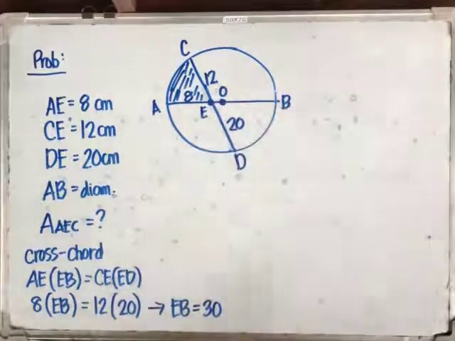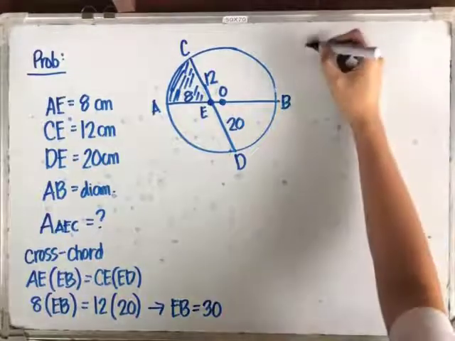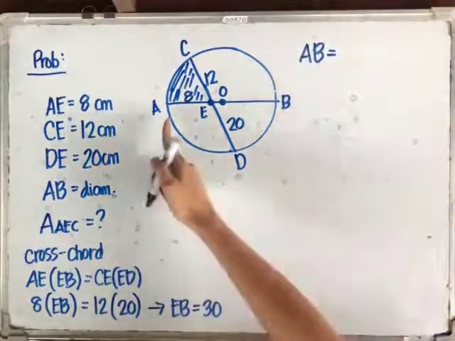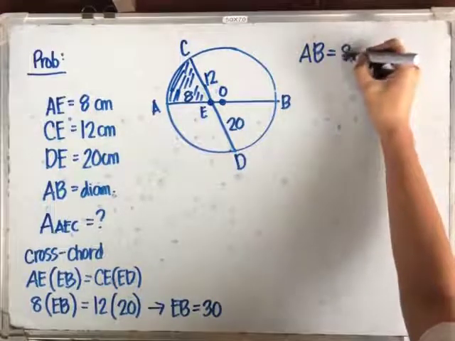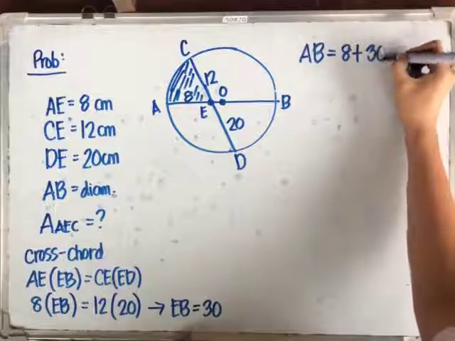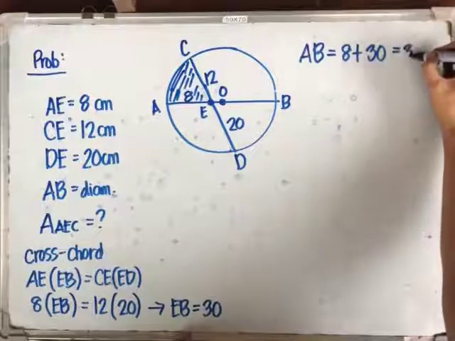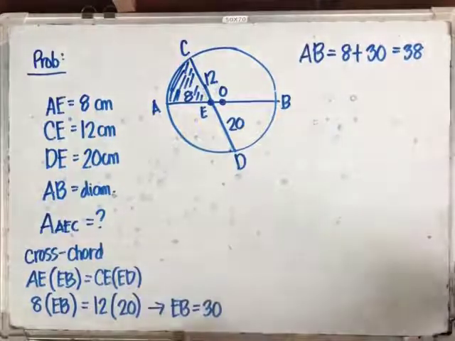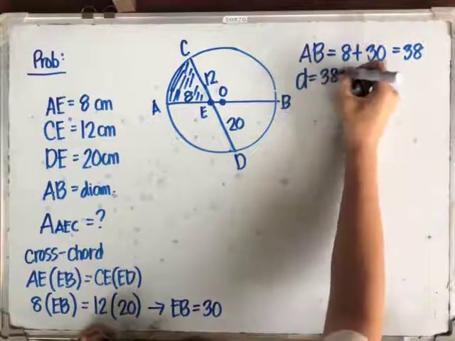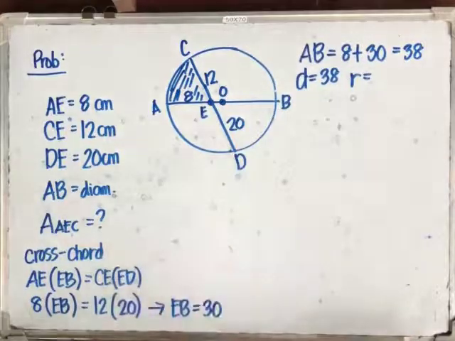Okay? So basically, ang buong distance na to is 30. Now, di ba sabi niya kanina, AB daw is the diameter. Lagay ko ulit dito. Okay? And AB is the sum of AE, which is 8, plus yung 30 natin na EB. Tama? That would sum up to 38. 38 ang diameter. Therefore, ano ngayon ang magiging radius natin?